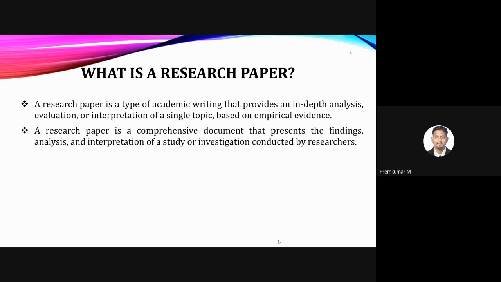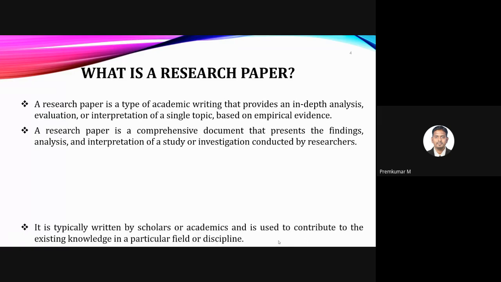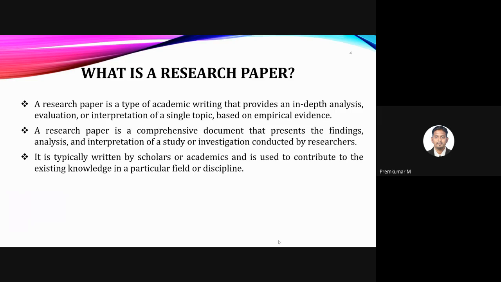Whereas if you take review papers, we refer to some research papers and review what methodology they have used, what findings they made, and what advantages and drawbacks are there in that particular study. That is where the review paper is different from the research paper. A research paper completely provides in-depth analysis and validates the results we have obtained. That's why people still give more weightage to research papers.